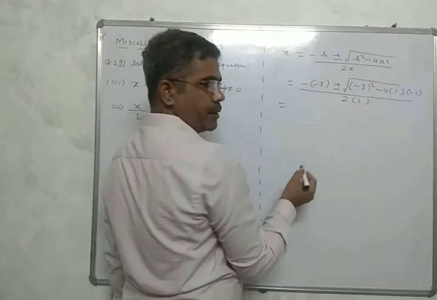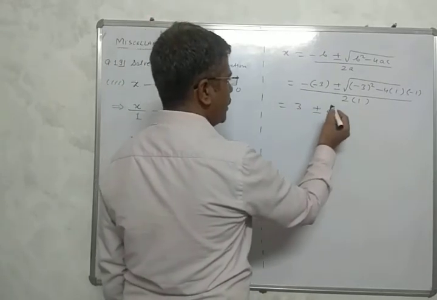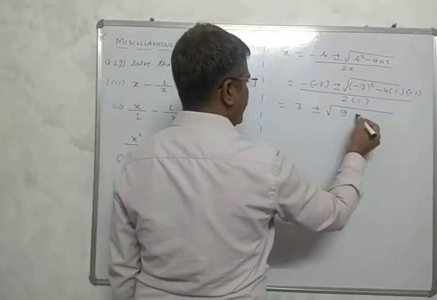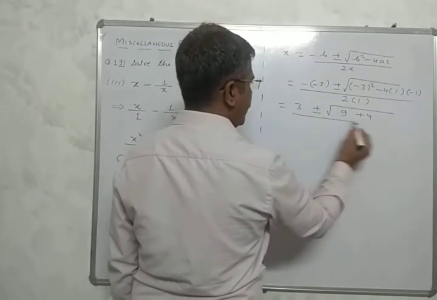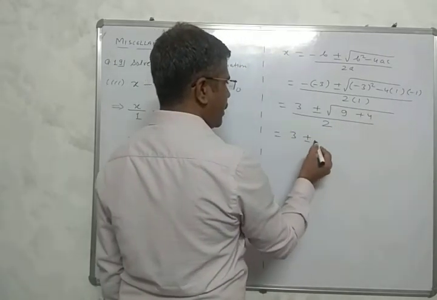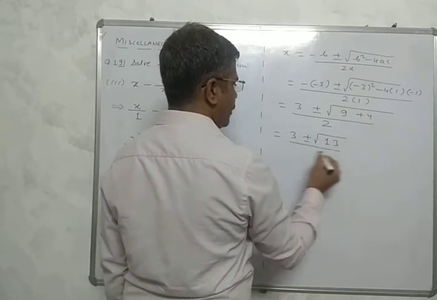Minus into minus plus, plus minus under root 9 minus into minus plus 4 upon 2. 3 plus minus under root 9 plus 4, 13, upon 2.